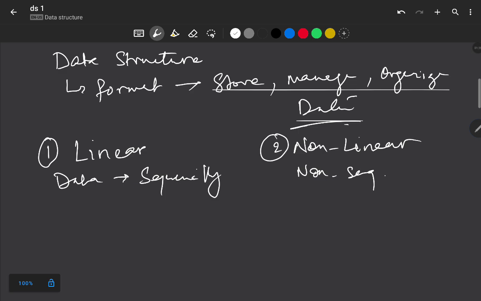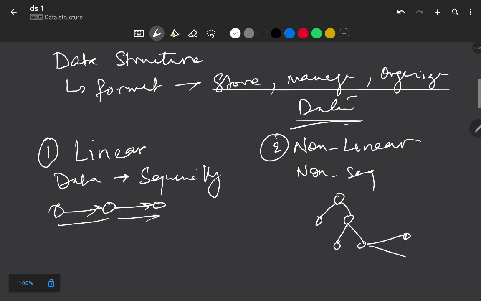What do you mean by sequentially? Let us say this is one node or one data. There is some kind of sequence from one data to the next. While in non-linear, the data is arranged non-sequentially. There is no order in here. This might look very vague right now. Once we get into more details, you will get better clarity.